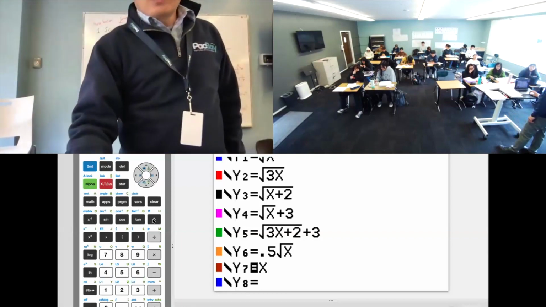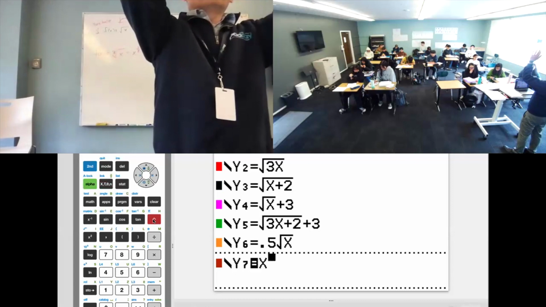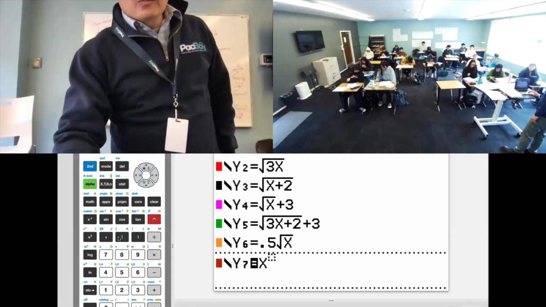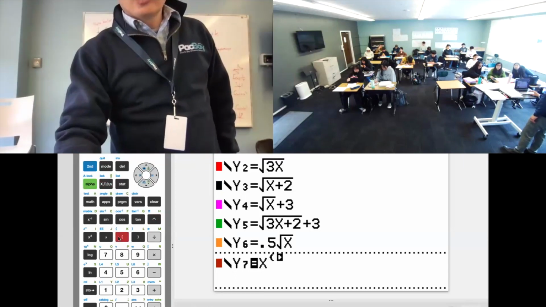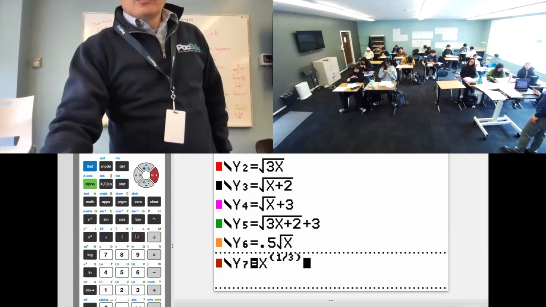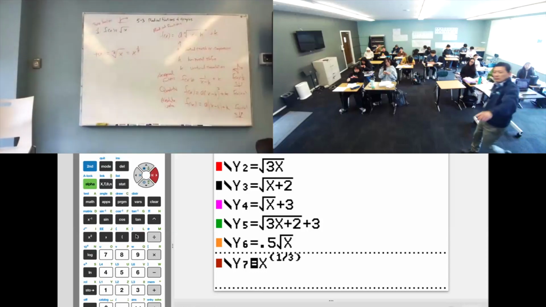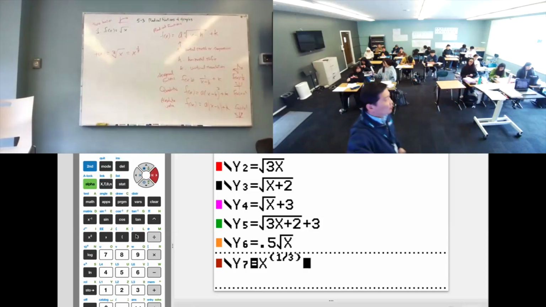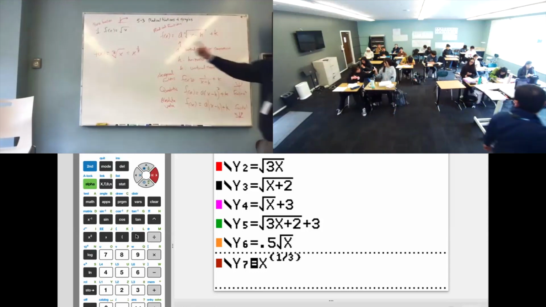When you press that, it gives you the superscript. In the superscript, you put a parenthesis, then 1 divided by 3, parenthesis again, and then you end up with this. x to the 1/3 power is cube root.